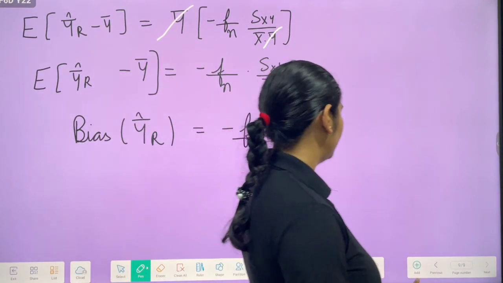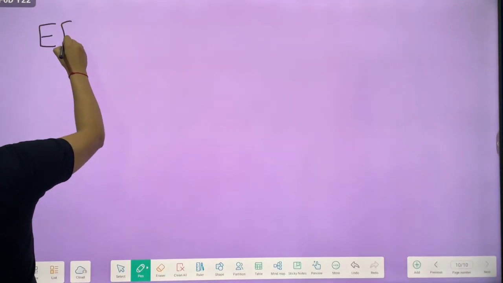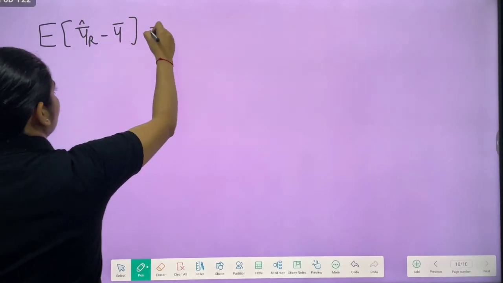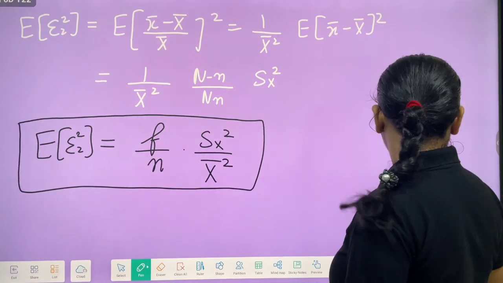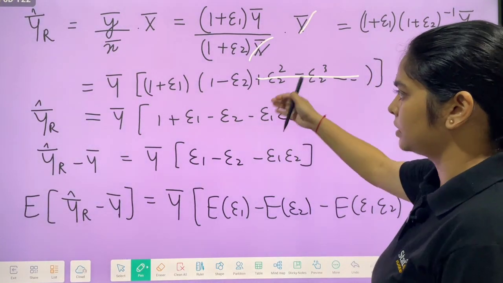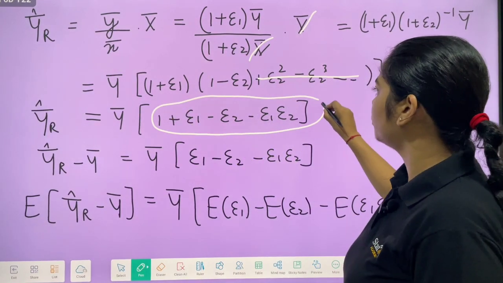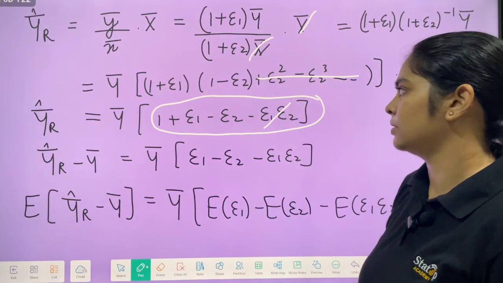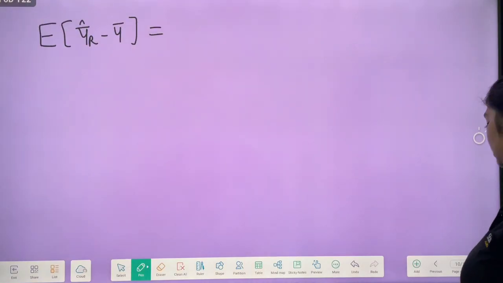So taking the values, estimation of y bar r minus y bar is nothing but taking the value from here. Because we have to take the first approximation, we will take this value and we will minus this from it because it is not first approximation value.